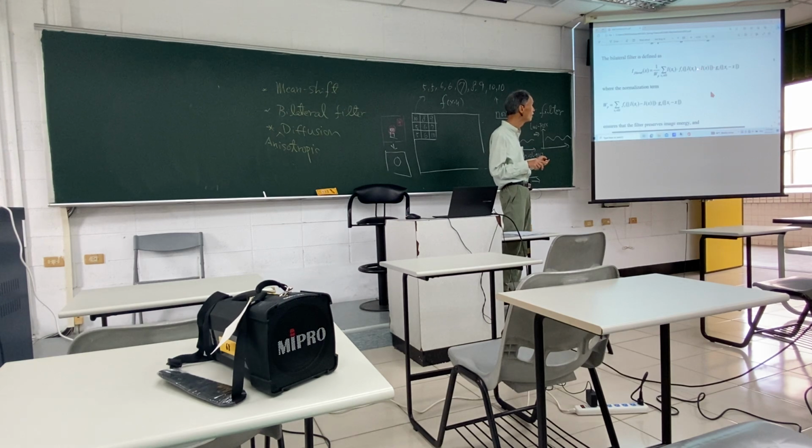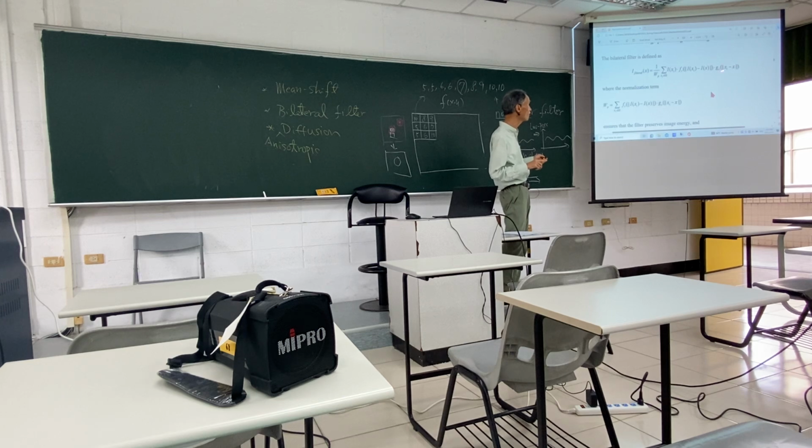X is the center we want to smooth, and Xi is defined by its neighborhood window. So what is the similarity compared with the center? This has something to do with color.